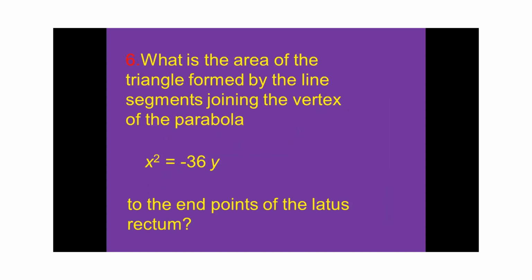Question number 6. What is the area of the triangle formed by the line segments joining the vertex of the parabola to the endpoints of the latus rectum? Here is the equation of the parabola.